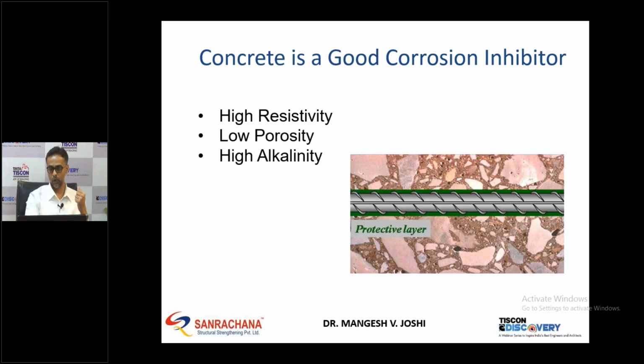And this protective layer of alkalinity protects the steel from getting corroded and conserves the energy.